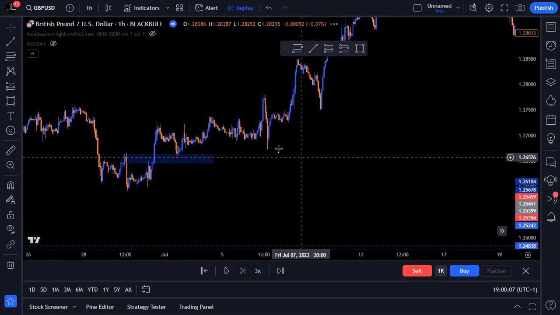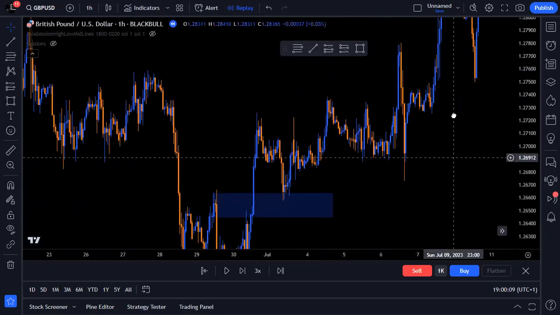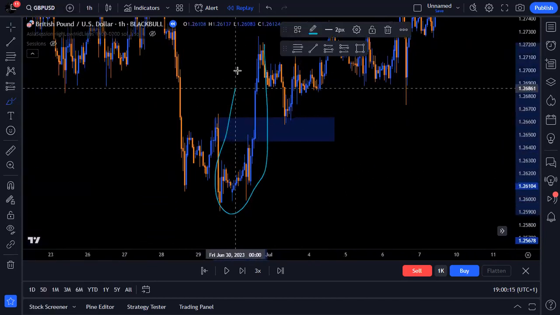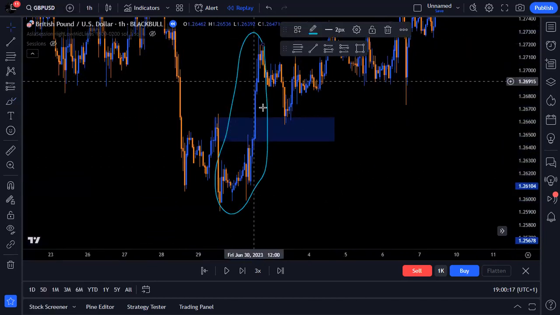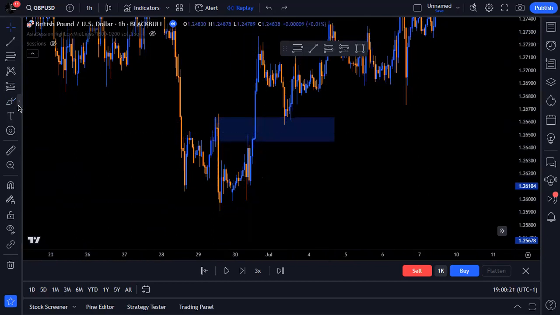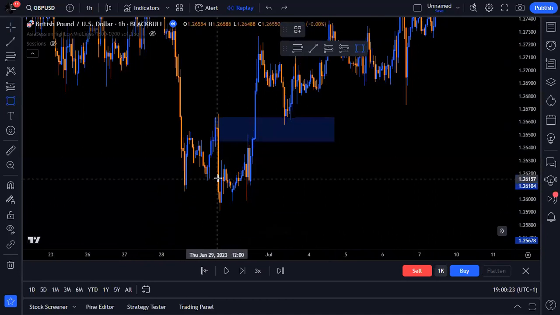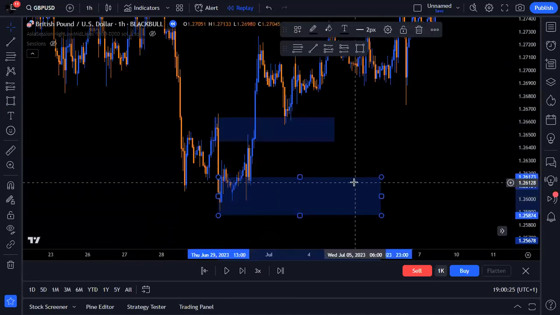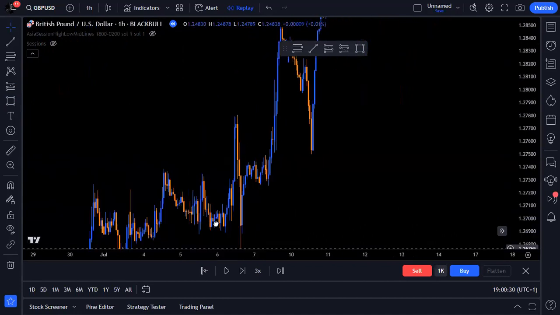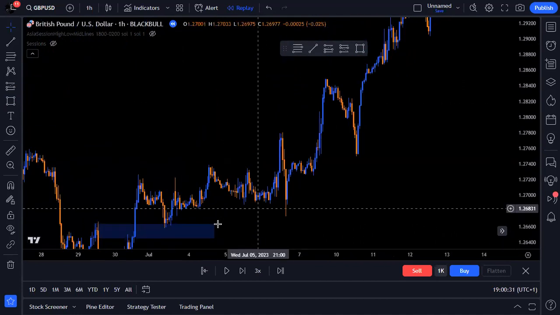All right, this is one I also highlighted here again. Okay, you can see the huge displacement we had here. Huge displacement over here. Huge buy candlesticks. Momentum. So while other traders are waiting for price to maybe come to their order block here, price ends up respecting the breaker block and then going bullish from the breaker block.